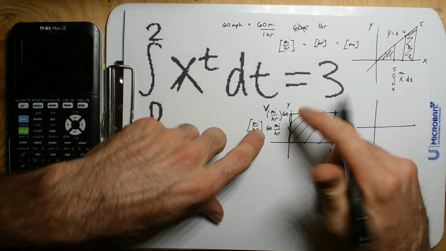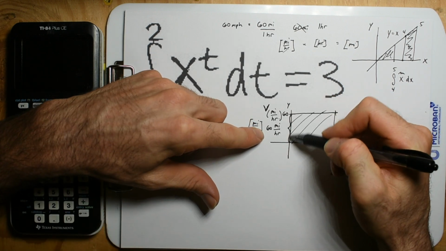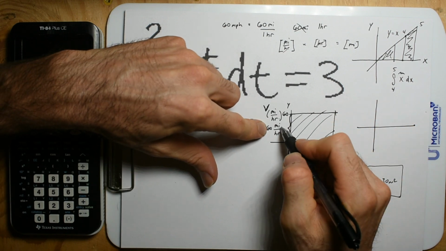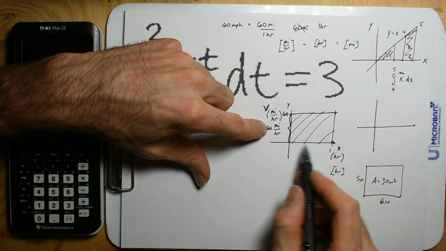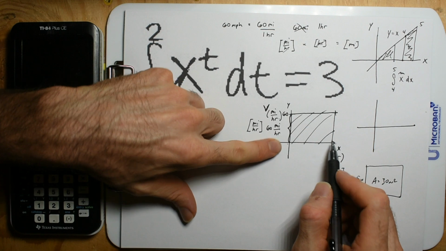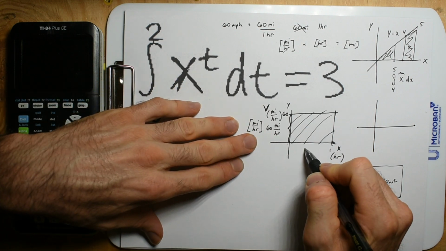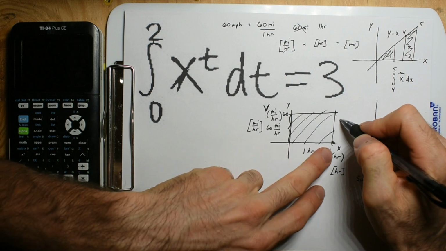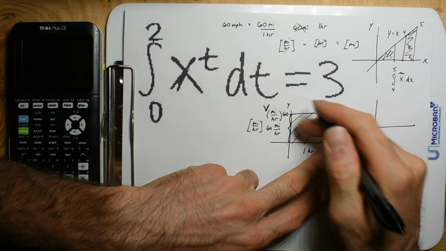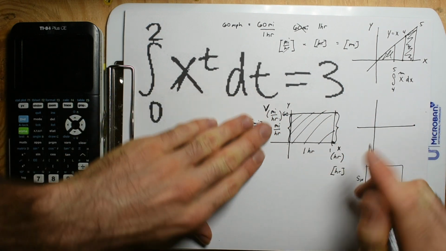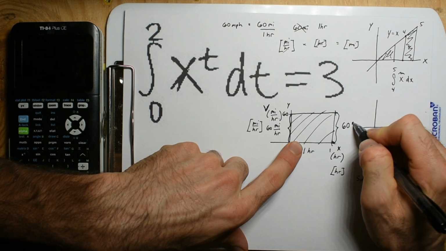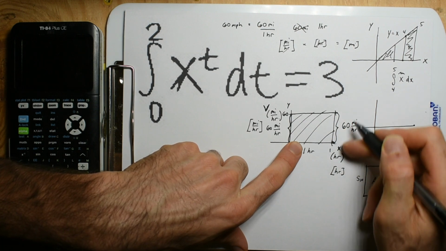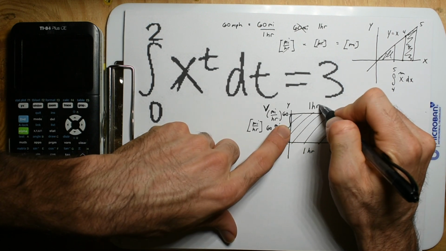So you not only have a number for this, it's 60, but it also has units of miles per hour. Now this side is just 1 hour. So we have 60 miles per hour over here, and then we have 1 hour right here.